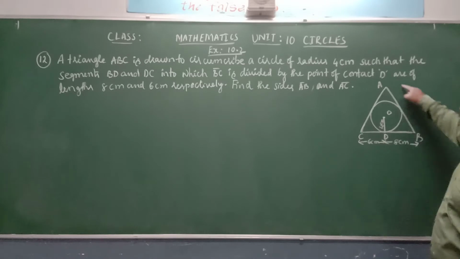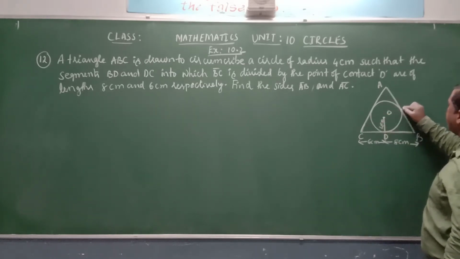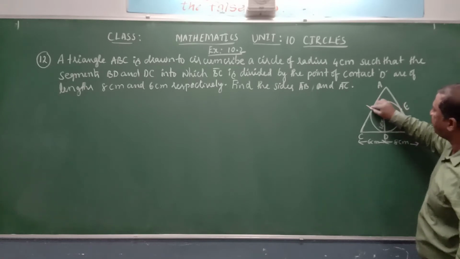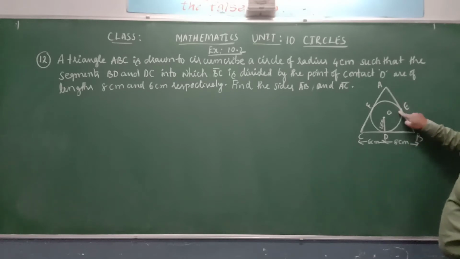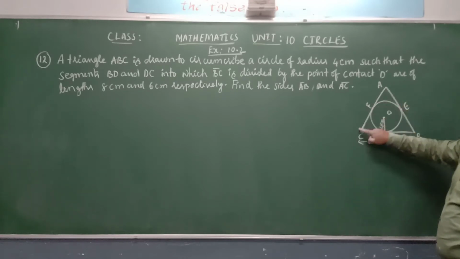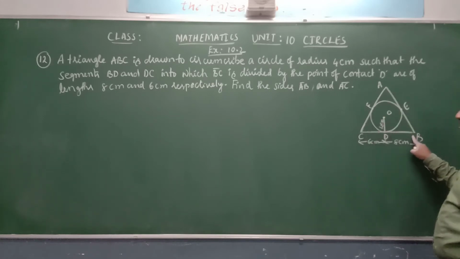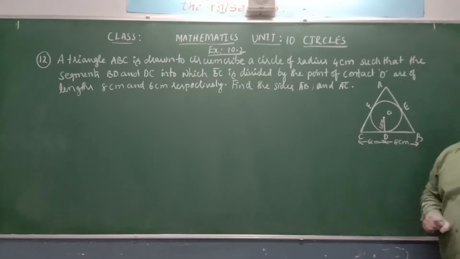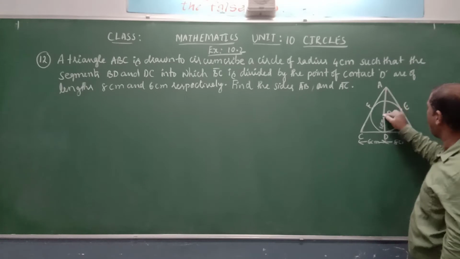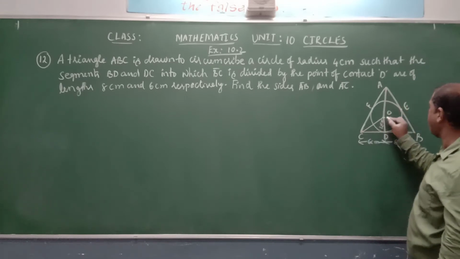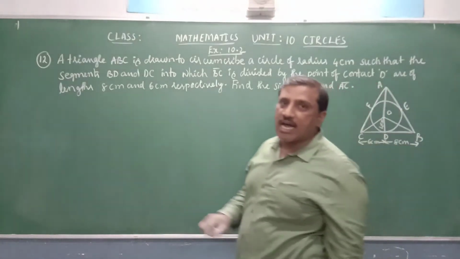Let the triangle touch the circle at point D, point E, and point F. Here E is the point of contact of tangent AB with the circle, F is the point of contact of tangent AC with the circle, D is the point of contact of tangent BC with the circle. Now join AO, OC and OB.